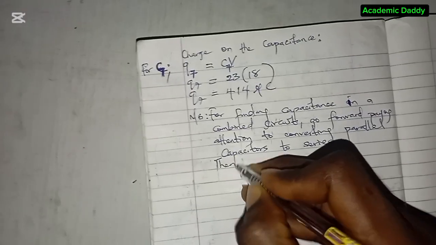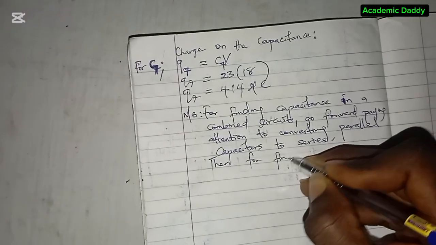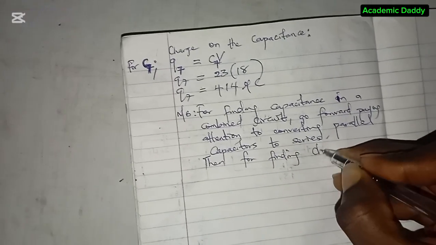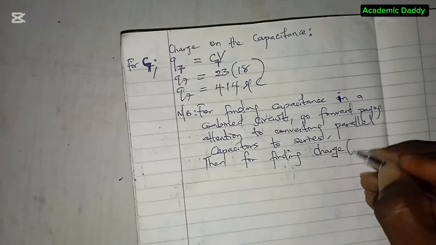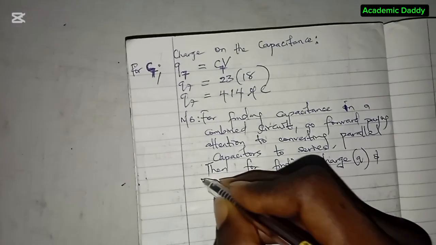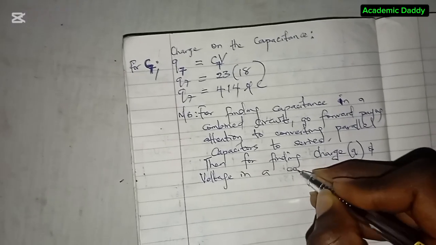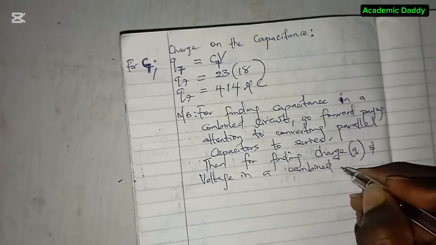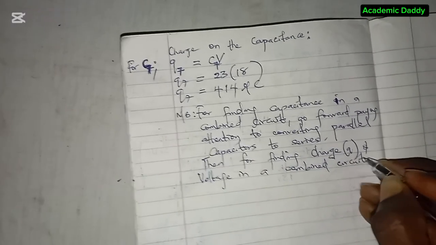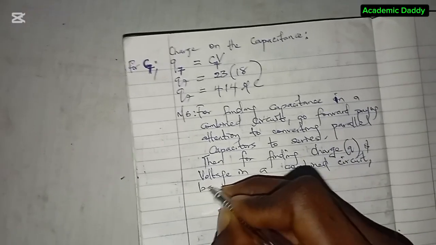Then for finding charge, which is Q, and voltage in a combined circuit, backtrack.